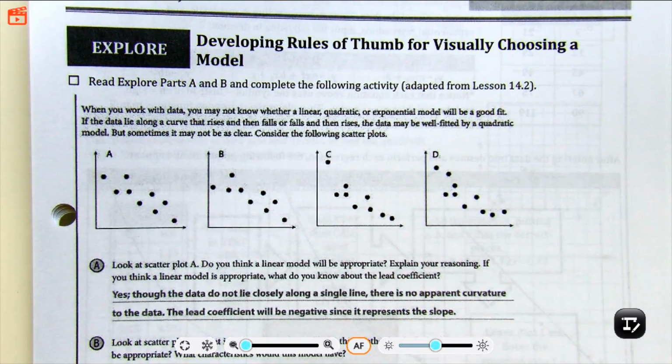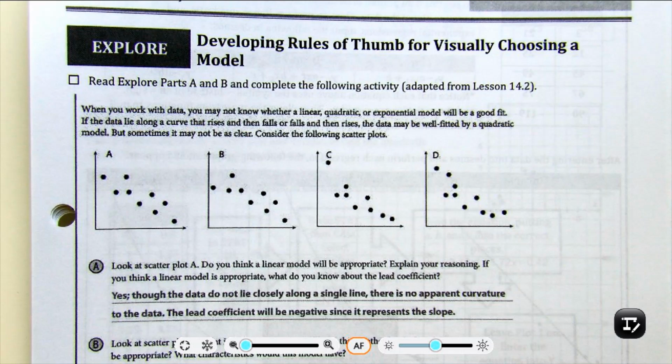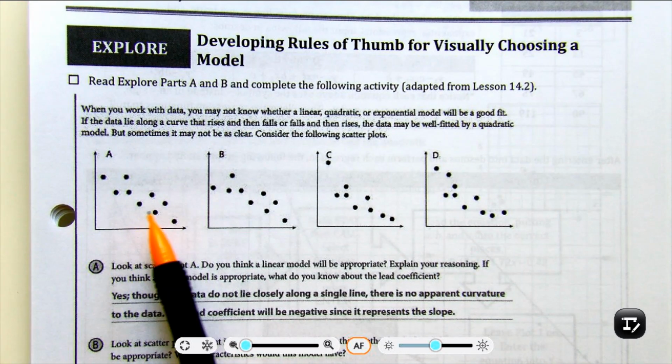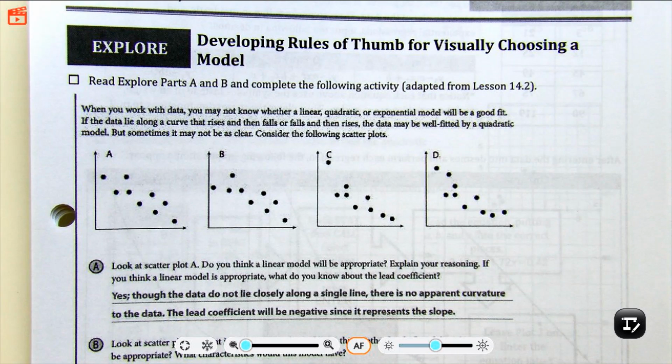Really quick, we're going to just cover what a scatter plot is. A scatter plot is a set of data plotted on a coordinate plane. So in this example, we have scatter plots A, B, C, and D. When we work with data, we don't know whether the data is a linear model, quadratic model, or exponential model.